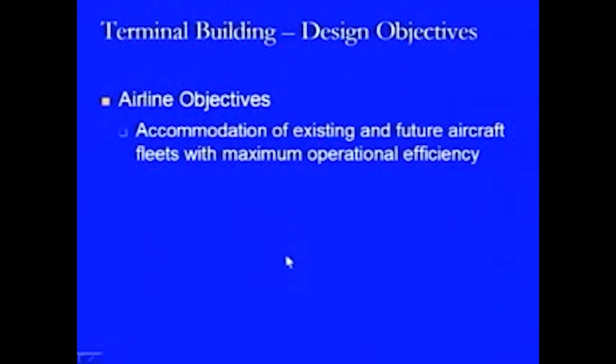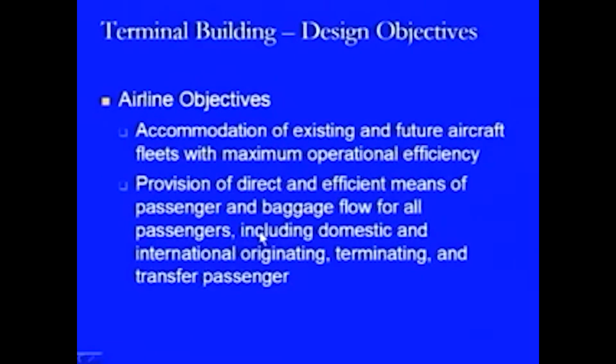Now, if I look at the airline objectives, then in that case accommodation is required for the existing and future aircraft fleets with the maximum operational efficiency. So, that is one objective of any airline which is using that airport.